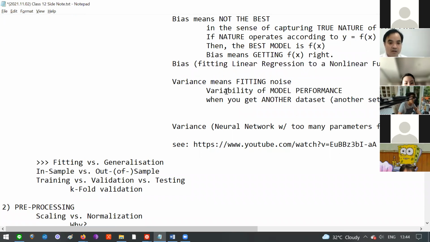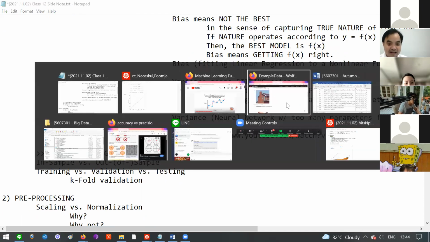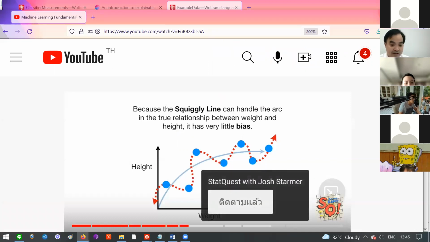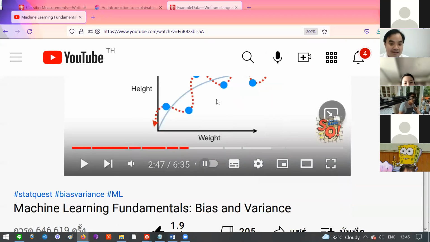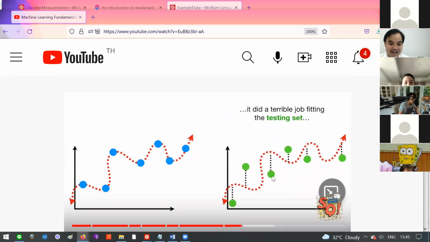On the other hand, variance means you get an overly complicated model that did exactly this. If you go home and play this video, the narrator may say this is from a complicated neural network. It's literally going to memorize the data points. What happens is when you get to a data set that doesn't have this other set, you used to get a perfect fit, now you get a terrible fit.